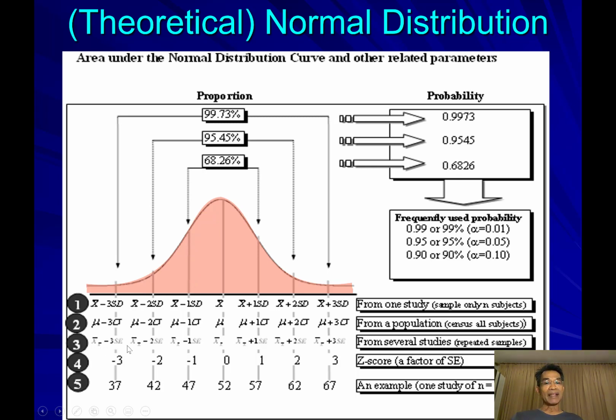Okay, the third one, I put x bar of the x bar in the middle. What does it mean? It means we use the sampling mean as the data to plot the distribution. That means the data to plot this is from the summary of the repeated samples, or sampling means.